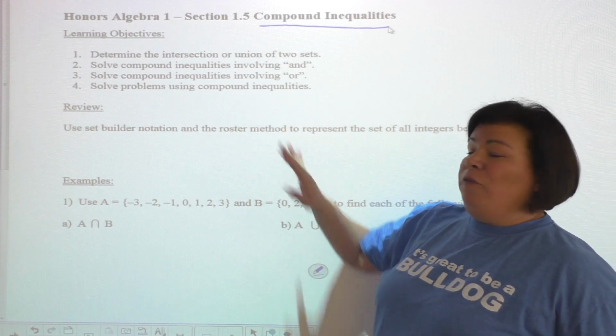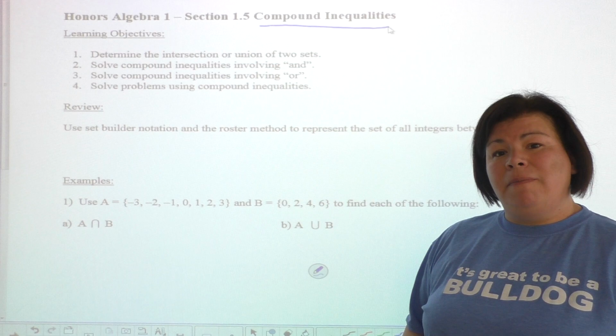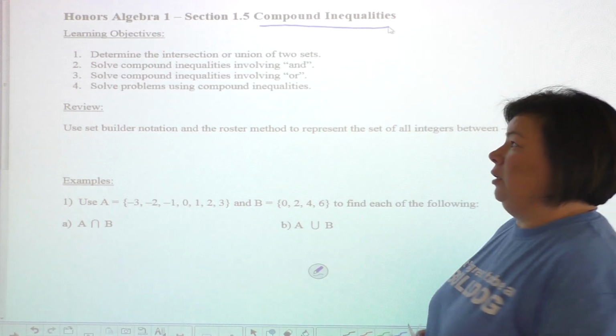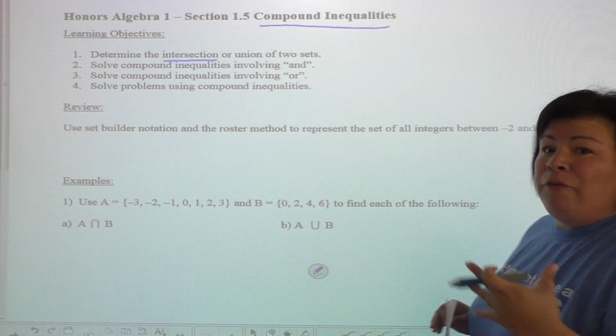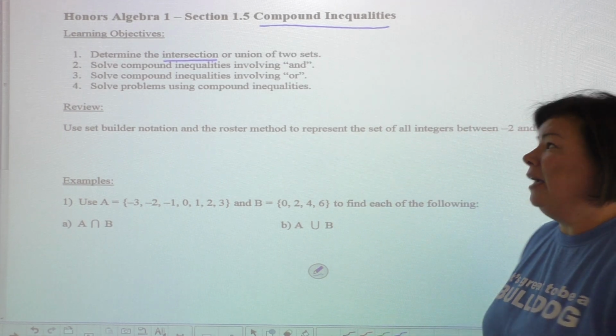All right, so before we begin with this review and examples, first let's talk about the difference between the words intersection and union. So intersection, if we're talking about two sets, I believe when you were younger you used Venn diagrams.